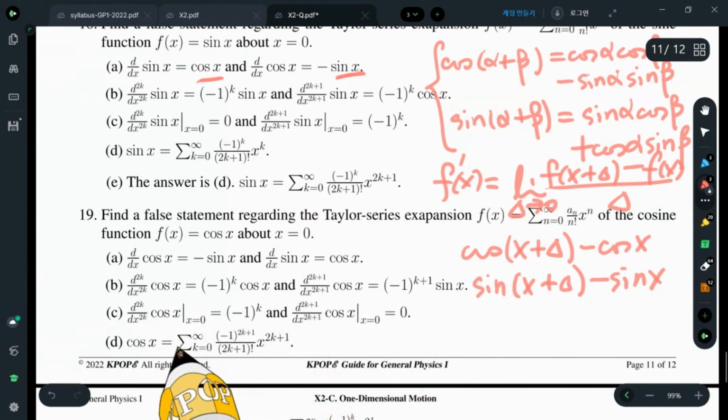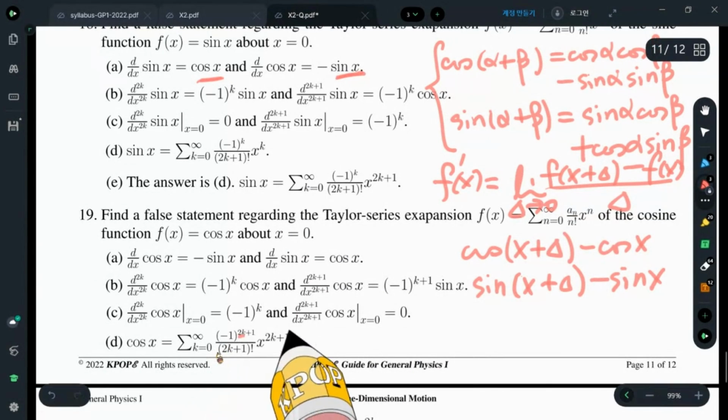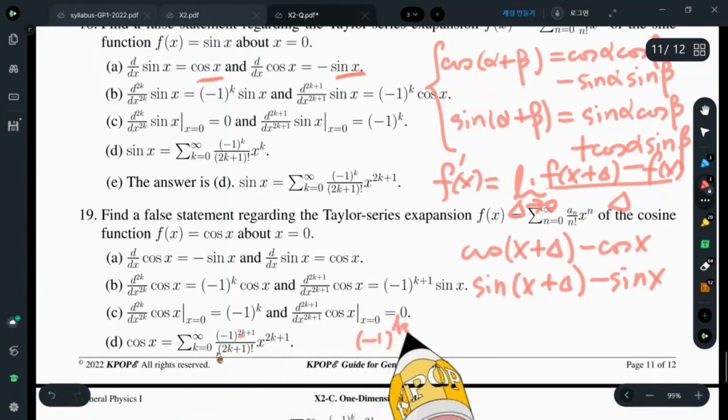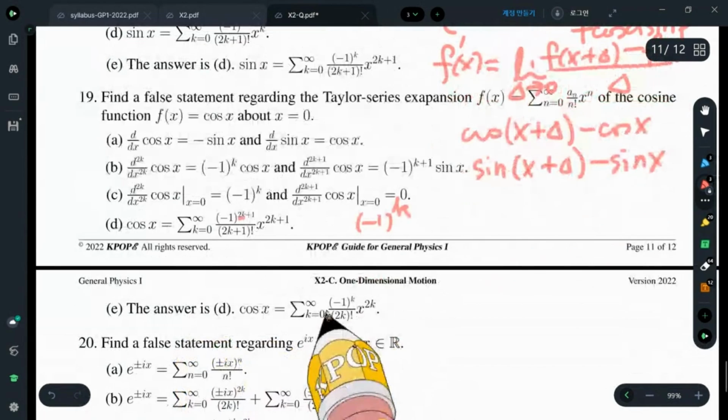That gives the Taylor series expansion of this form, right? Oh, this is wrong. This is a minus 1 to the k, right? Sure.